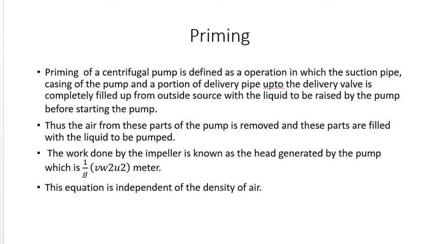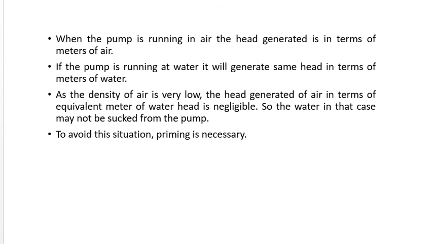But as you all know, the density of air is very low as compared to water, so in that condition the generated head of air in terms of equivalent meter of water head is negligible. So the water may not be sucked from the pump. To avoid this difficulty, priming is required in a centrifugal pump. I have written all these points over here, you can read them.